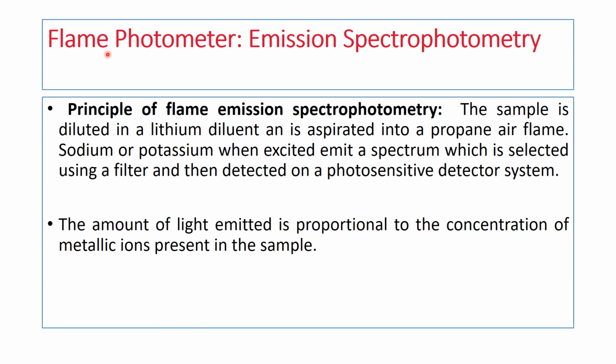Now the next equipment with which we can calculate serum electrolytes is the flame photometer. This flame photometer is just like a colorimeter, but it is based on emission spectrophotometry.